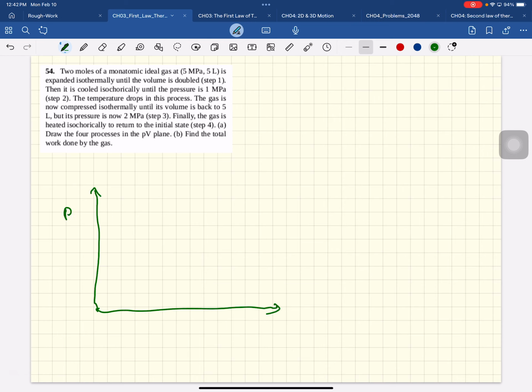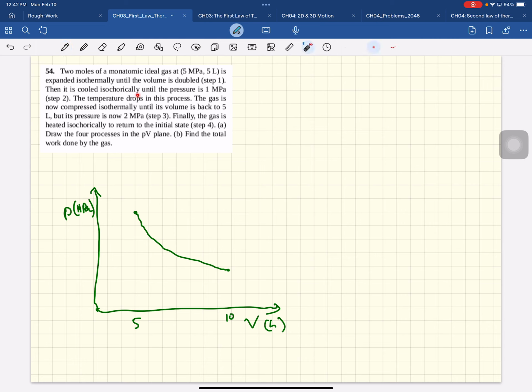For a gas, this is pressure in megapascals and volume in liters. So there's the initial state, 5 liters, and that's 10 liters.